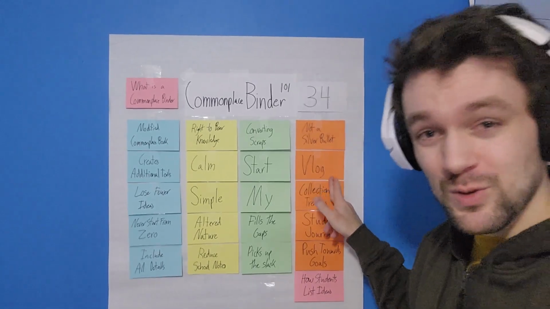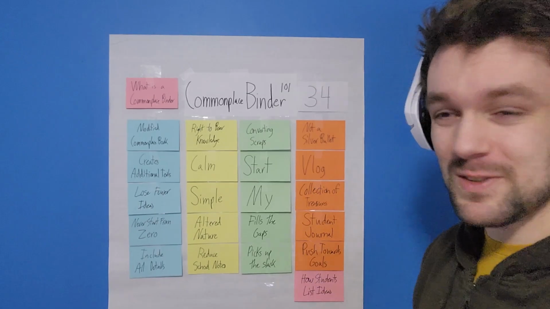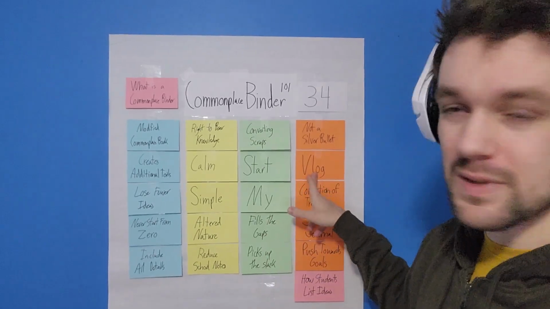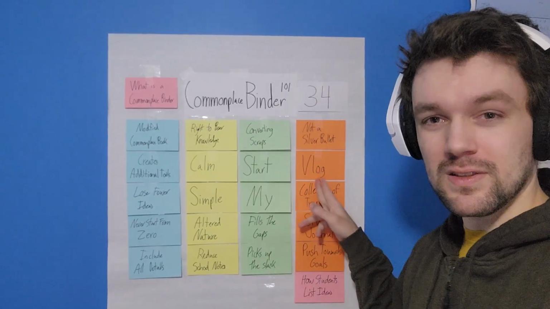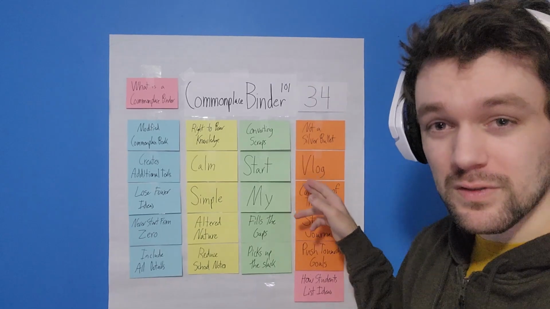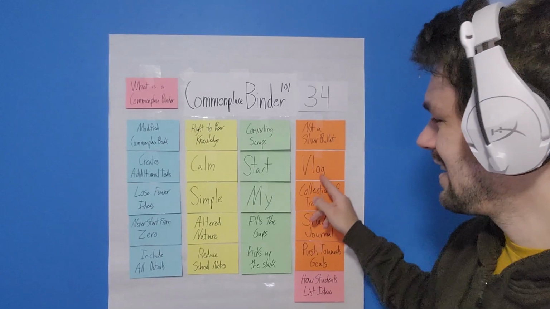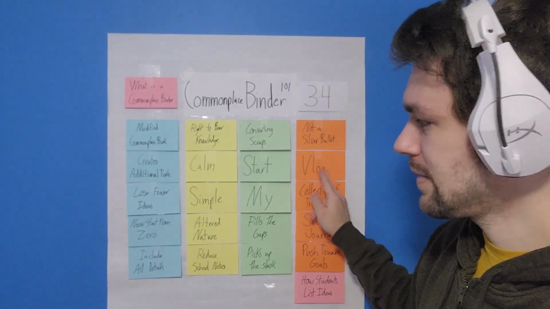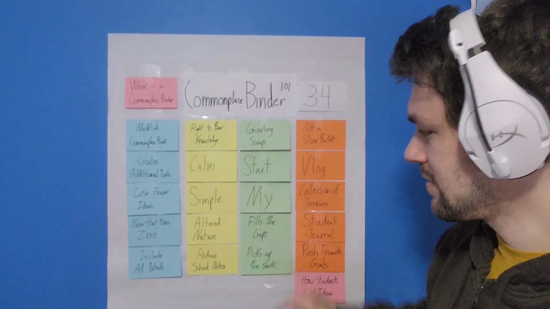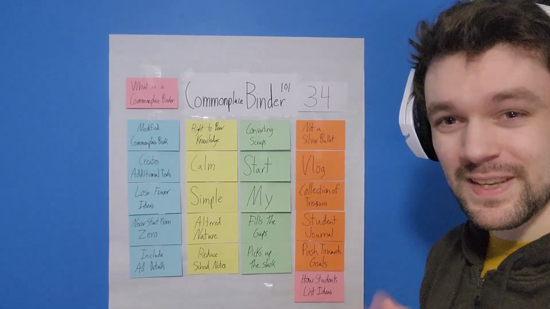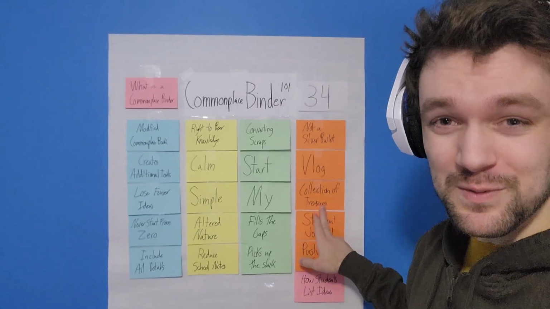I don't know. Maybe you're going to vlog the process, you figure out how that goes. It's really funny how many Commonplace book videos I thought were basically a vlog. Because I don't know if you saw the previous video, I talked about where I get all these little blurbs of information. Anyways, they're kind of a collection of treasures.